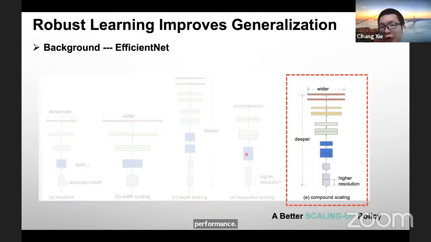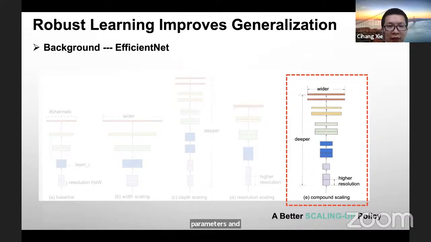It says, okay, if you already know that going deeper, wider, and larger resolution can improve, why not scale these three factors at the same time? They call this compound scaling, and use neural architecture search techniques to search for the right factor for scaling these three parameters.